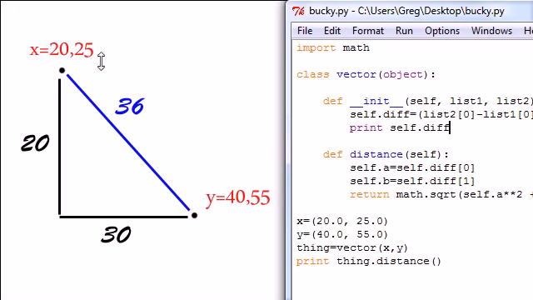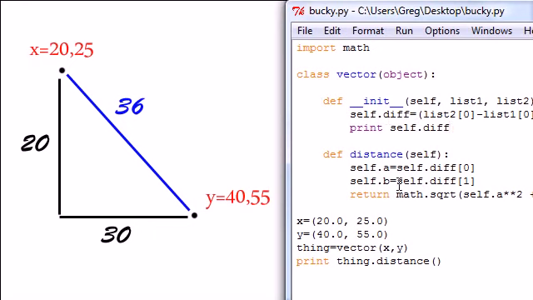So we subtracted x from y and we got 20, 30. And this is because 40 minus 20 equals 20. That's a change in x. And 55 minus 25 is 30. That's a change in y. So the vector from x to y equals 20, 30. So that's how we got that.